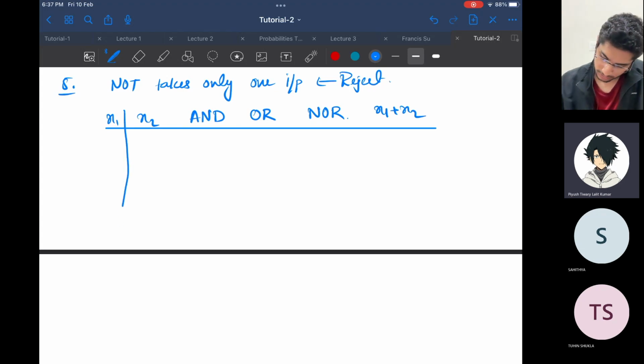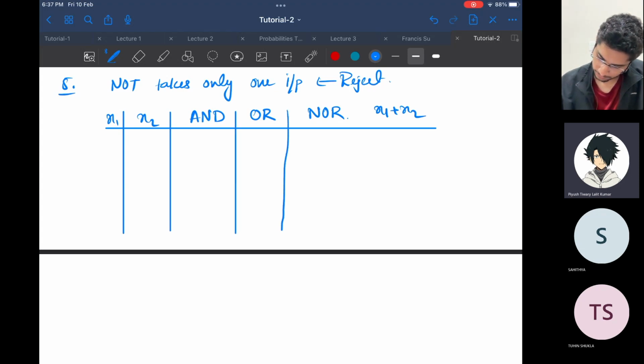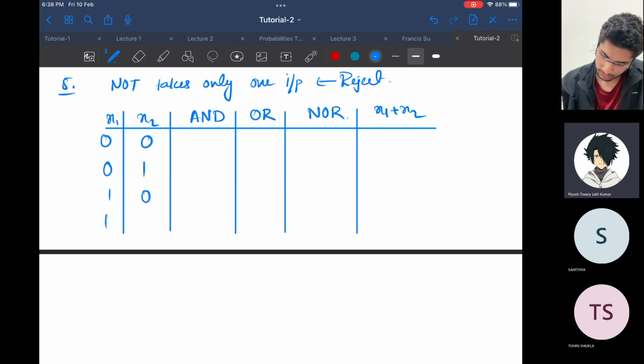Let me draw these lines. What are the possible inputs? 0,0; 0,1; 1,0; 1,1.